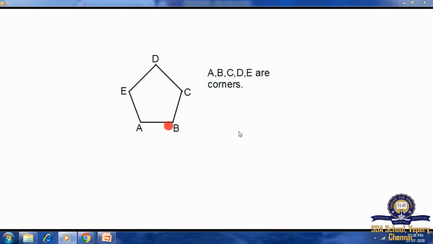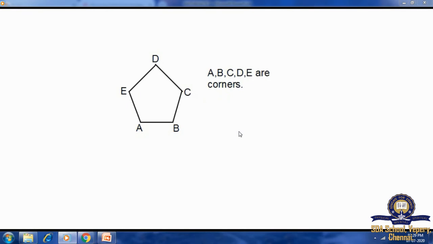There are 5 sides of a pentagon: AB, BC, CD, DE and EA. These are all the sides in pentagon.